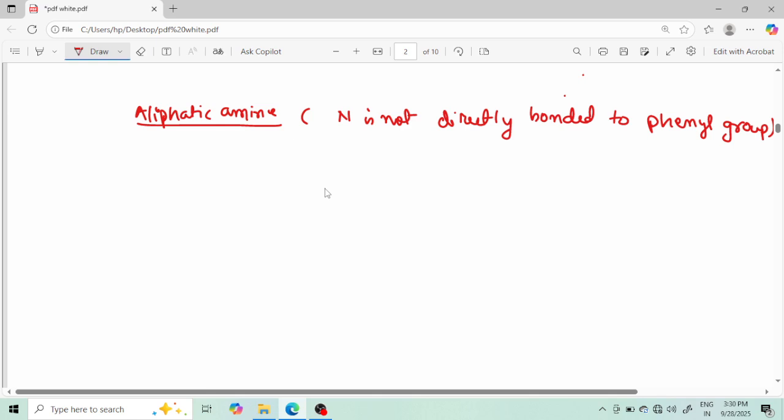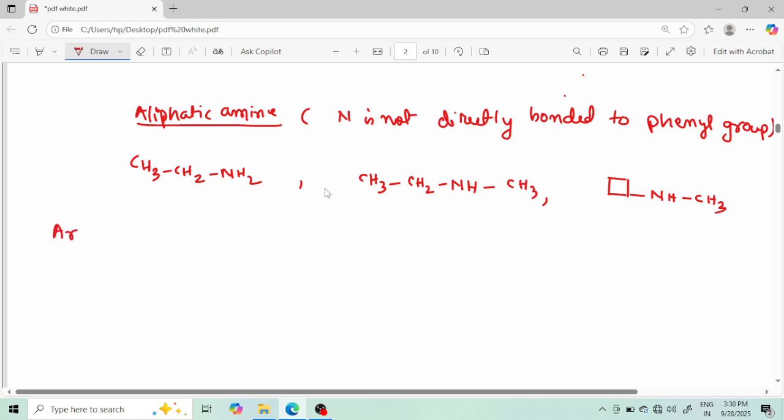If I take some examples, suppose CH3CH2NH2, these are some of the examples. Or it can be CH3CH2NHCH3. It can be a ring structure also, like this one. But what about aromatic amine?